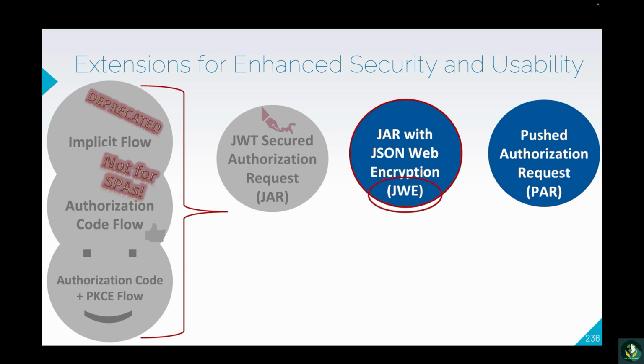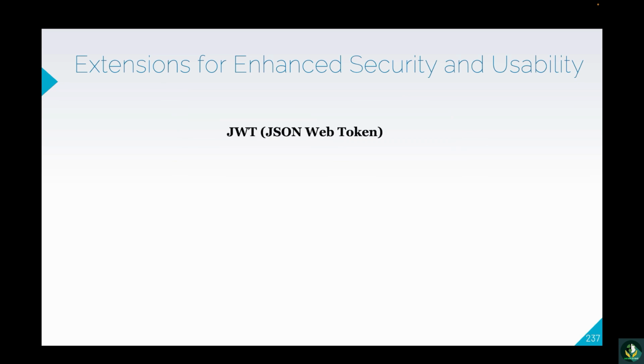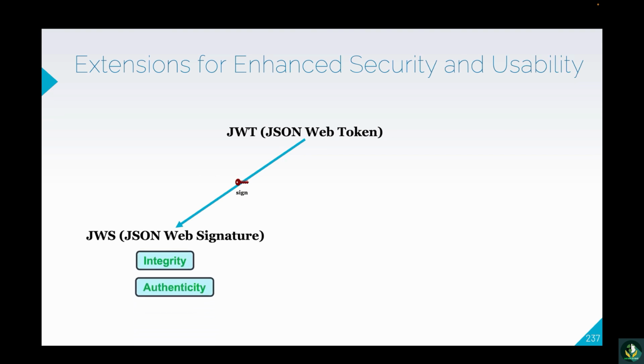First, it's important to note that JWE is not an OAuth 2 extension flow on its own. Instead, it integrates seamlessly with the JAR, JWT-secured authorization request flow, to enhance security by adding confidentiality to authorization requests. In simple terms, a JWT, JSON Web Token, can be signed using JWS, JSON Web Signature, to ensure the integrity and authenticity of the data.